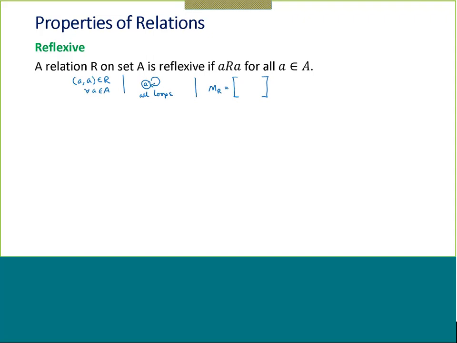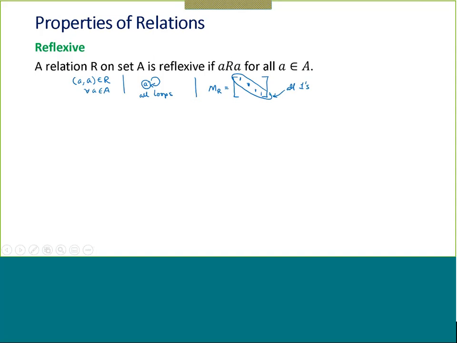It turns out (A, A) for all of your elements A means that if you look along the diagonal of the matrix, from the upper left corner down to the lower right corner, all those entries are 1s. It doesn't matter what any of the other entries are, 1s, 0s, whatever. If you're a reflexive relation, along that main diagonal you'll have all 1s. So these are the three ways you can identify reflexive. And if you just have a formula, you'd have to check the formula.